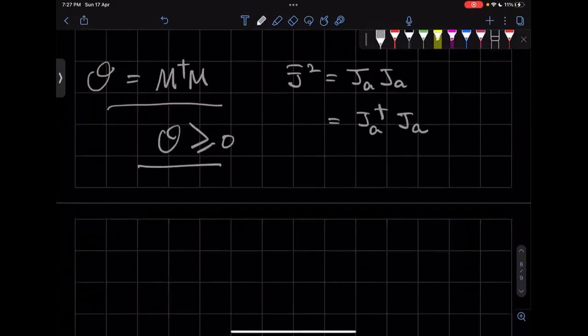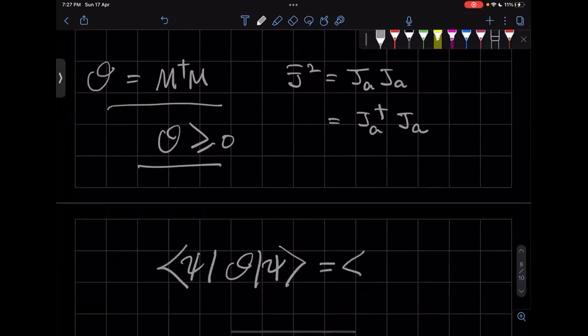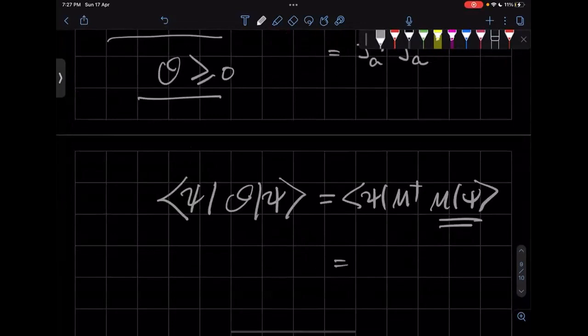You just say, okay, I apply O on some vector psi, and I take its Hermitian conjugate, and that gives me psi M dagger M psi, but this thing is some other vector, say phi, and this thing is just its conjugate vector phi, and this is greater or equal to 0.